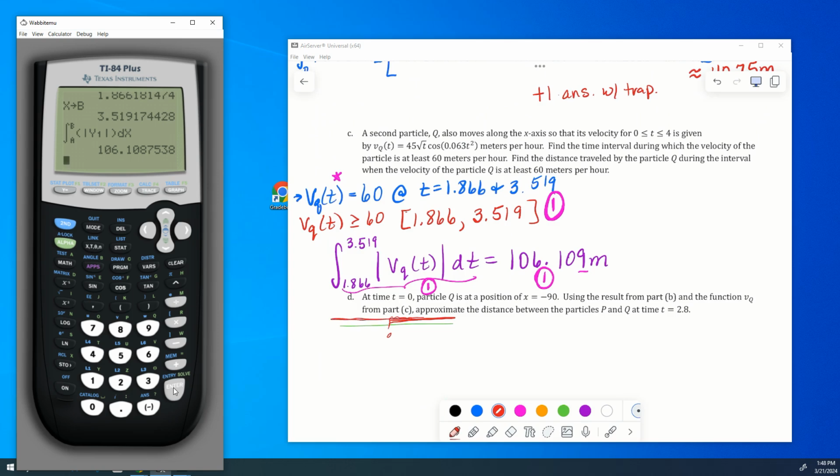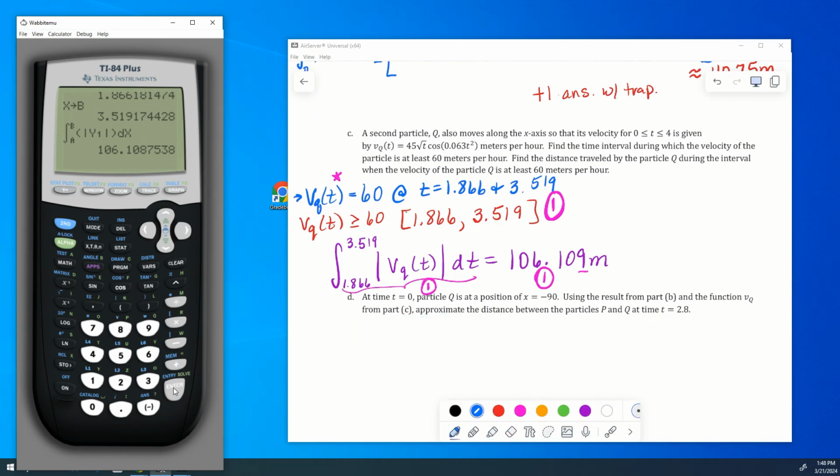Particle Q is going along too. So particle P is going and particle Q is going. And at any instant, like particle P is over here and particle Q is over here, the distance between them looks like that.